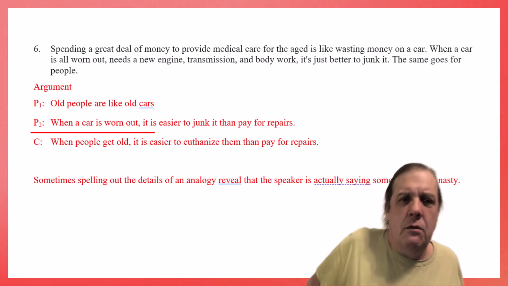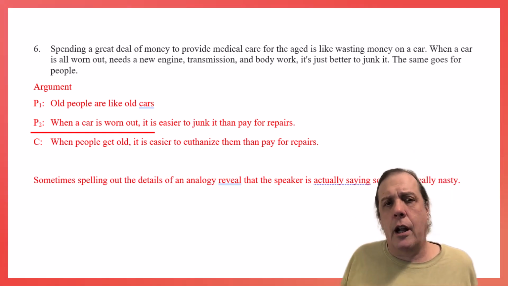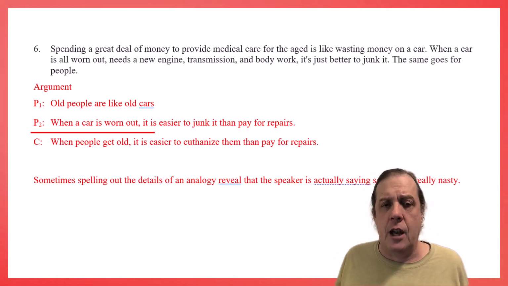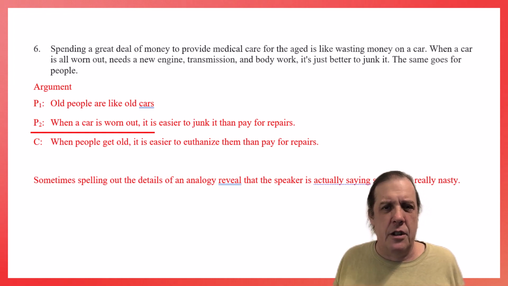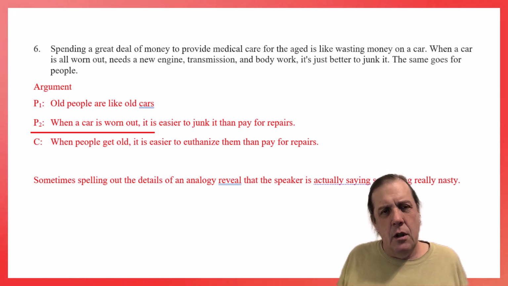And actually what's happening here, and I didn't come up with this example, this is from another critical thinking textbook, but when you actually spell out the full analogy, I think it becomes clear that the person is saying something kind of nasty. I mean, talking about old people like they're just junk cars.